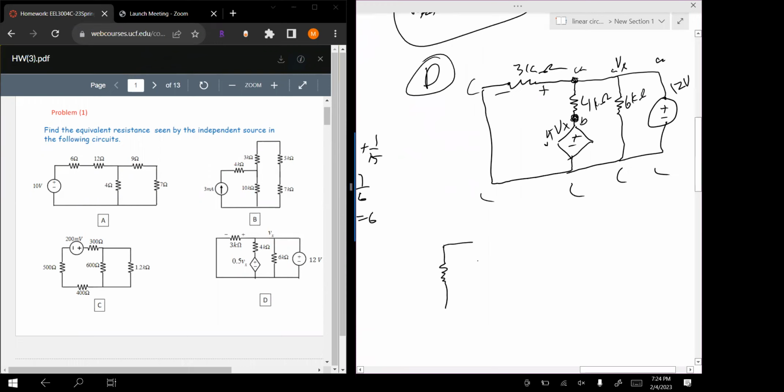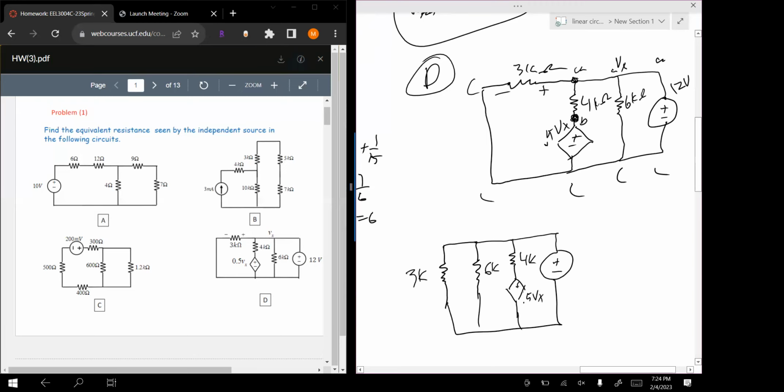So we're going to have 1, 2. This is the only thing I changed: the positioning of this resistor here.